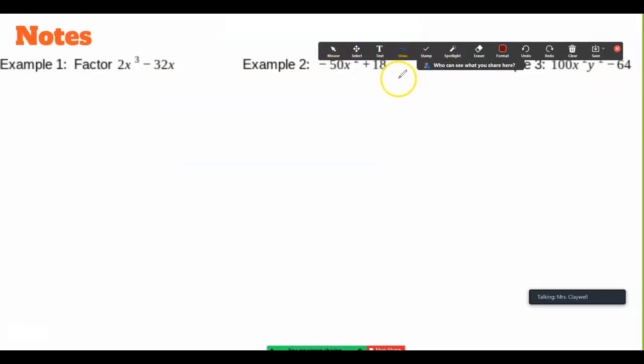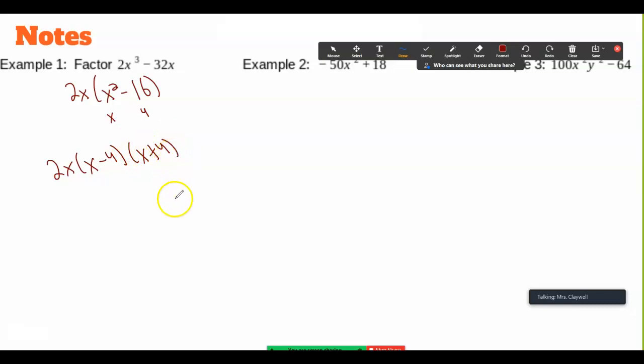Okay, so I'm going to factor out a GCF. They both have a 2x. So this becomes an x squared, and the square root of that becomes a 4. So I have 2x, x minus 4, x plus 4. So I have difference of squares. I'm going to factor out a negative 2.